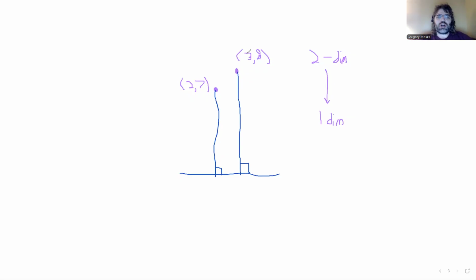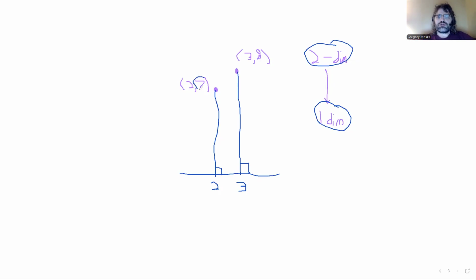So now from 2, 7 and 3, 8, if this is the x-axis, you've replaced that first point with 2, and you've replaced that second point with 3. So we've gone from 2 dimensions to 1 dimension.